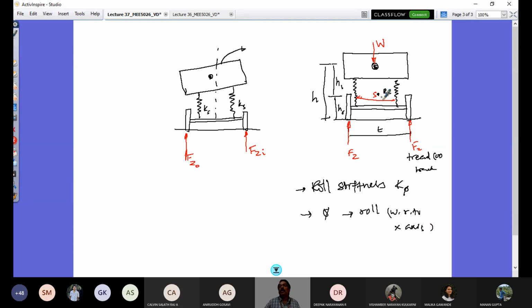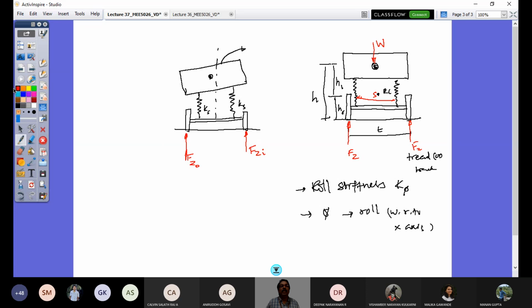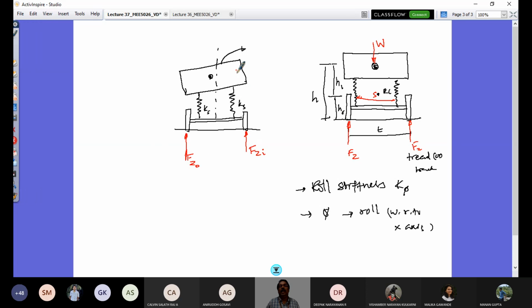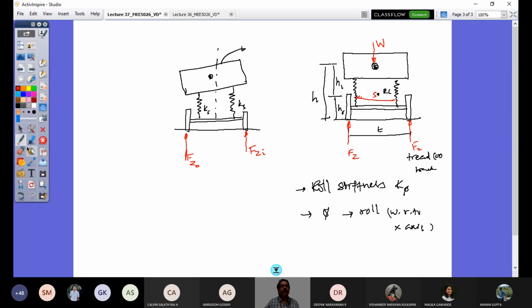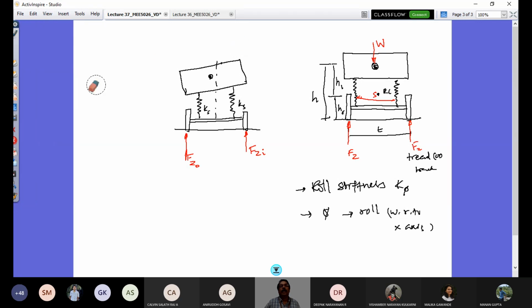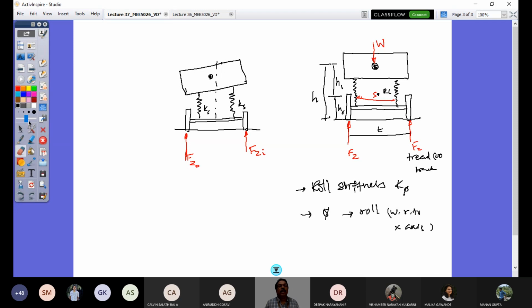So now there is a point called the roll center. What does that point refer to? The roll center is the point that transfers the lateral force to the sprung mass. So let me just erase this arc to avoid confusion, right? You know that it takes a right turn, and this is a free body diagram.